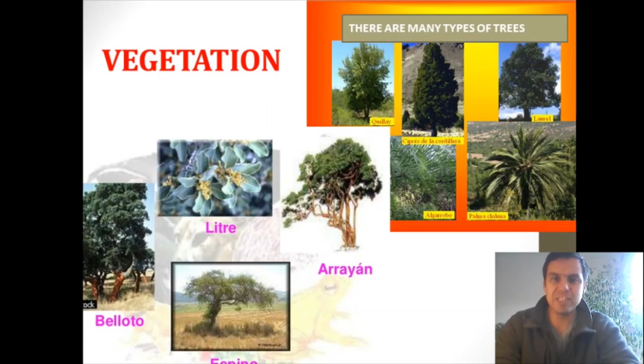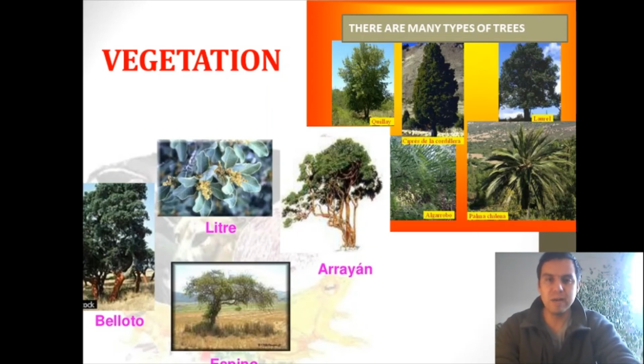We don't have a lot of trees in the north if you compare the north zone to the central zone of Chile. We have in the central zone a lot of trees, and it's way greener than it is in the north.